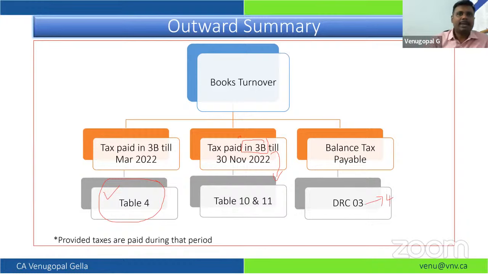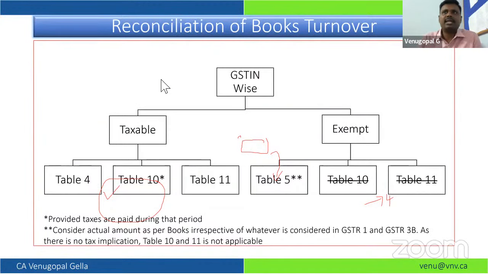So regularly paid in 3B till March 22 goes to table 4. Paid in 3B after March goes to table 10 and 11. And whatever is paid through DRC 03 would be going to table 4. This is the broad understanding of GSTR 9 in terms of reporting and reconciliation.